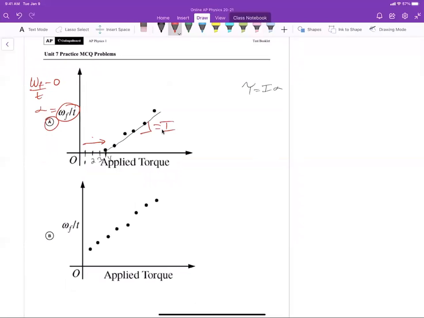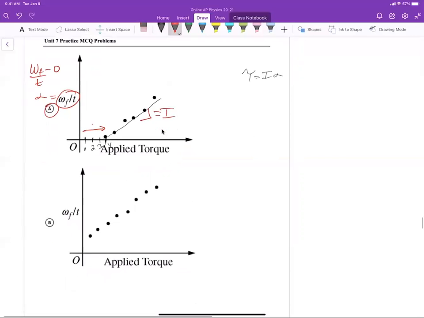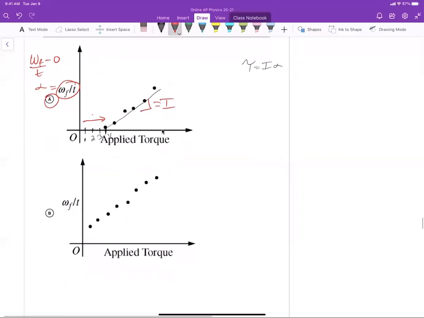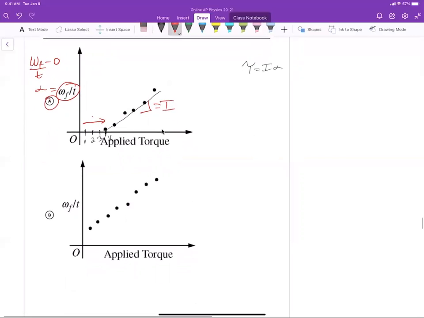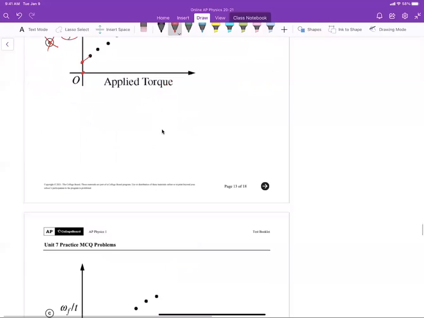This distance here was how much torque was required to overcome the friction that was trying to prevent it from turning. This does not make sense, because at 0, I'm going to have 0 torque, and yet I have an acceleration. Doesn't make any sense.